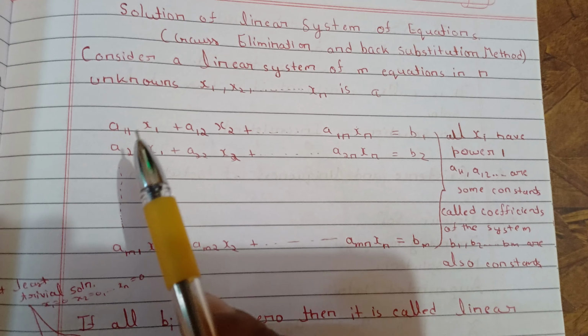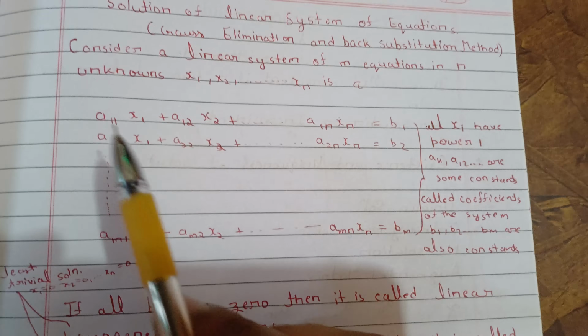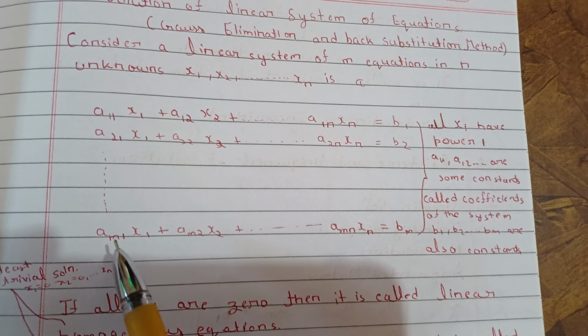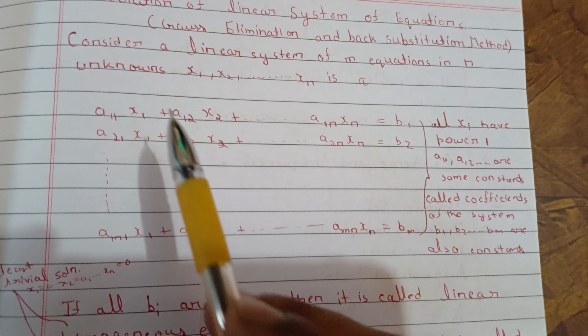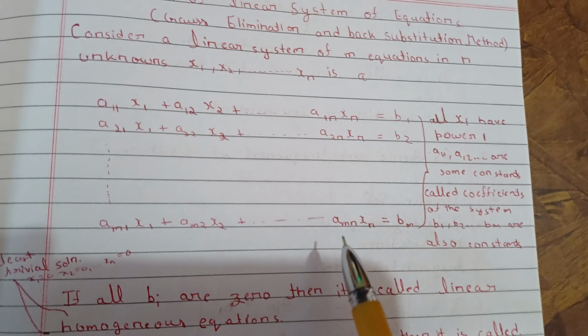Just like this we have the first equation, second equation, third equation. That's how we have m equations, this is the mth equation, and the variables are n variables, x1, x2, ..., xn.